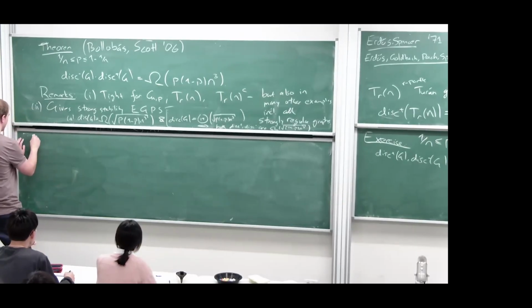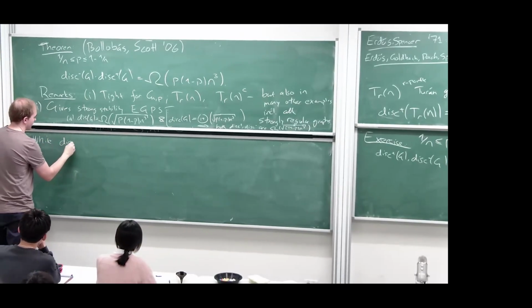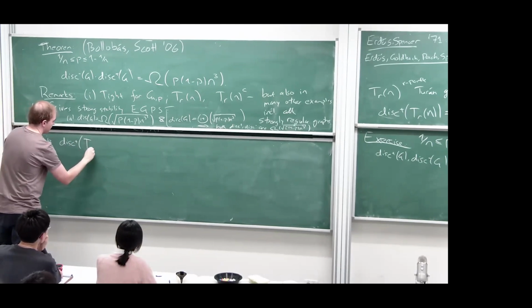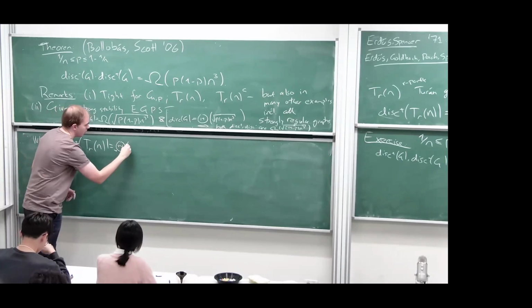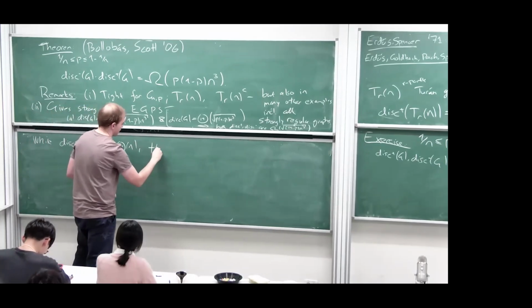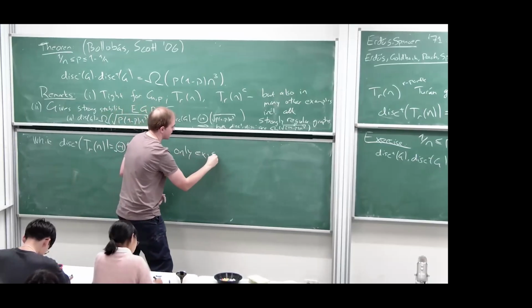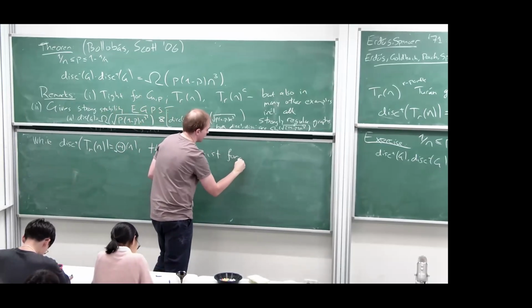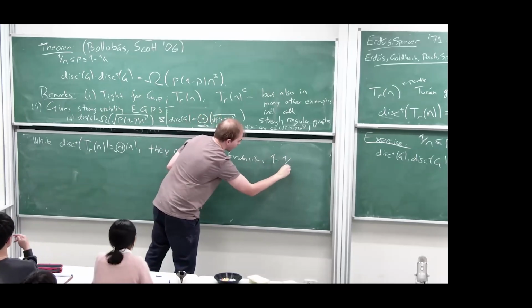While the positive discrepancy of Turán graphs, they only exist for densities 1 minus 1 over r.